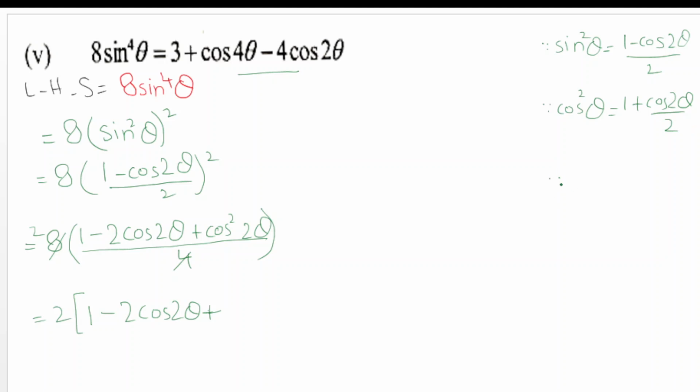How? If cos square 2 theta is here, then here 1 plus cos 4 theta by 2. I think you understand this. So now we'll just put the value here. Cos square 2 theta will be, this 4 cancels out, and now 1 plus cos 4 theta by 2 here.